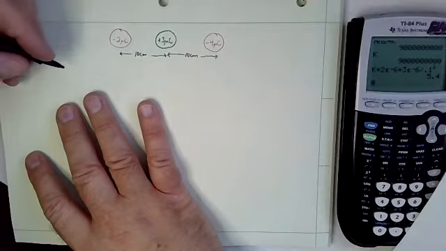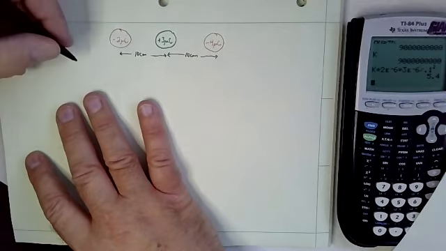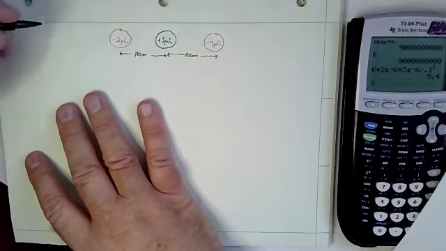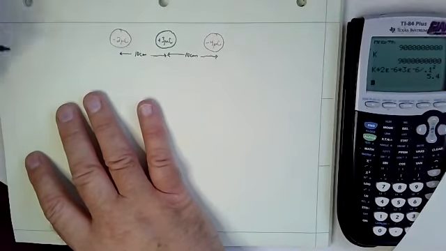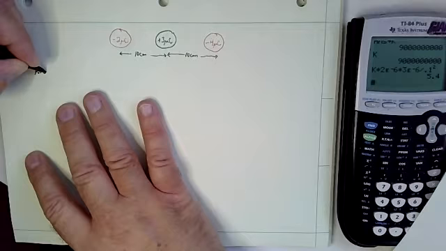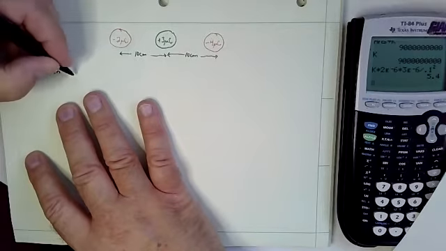Okay. So in this situation, we're going to find the force that's acting on all 3. And we assume that there's some kind of magic glue that's holding them all and keeping them from moving, but let's find the forces. So forces on the -2 microcoulomb.